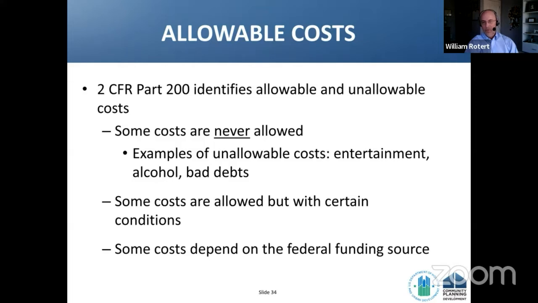Good example, your CDBG COVID funding. All of those costs have to be related to COVID, that tieback provision that people talk about all the time. So some costs depend on that federal funding source. Look to your federal funding source if you have any questions. Michelle or Dion, anything you want to add here? No. Okay, next slide.